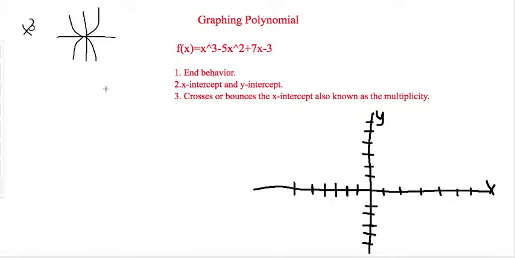For synthetic division, we have to find our p and our q. Our p is 3 and our q is 1.